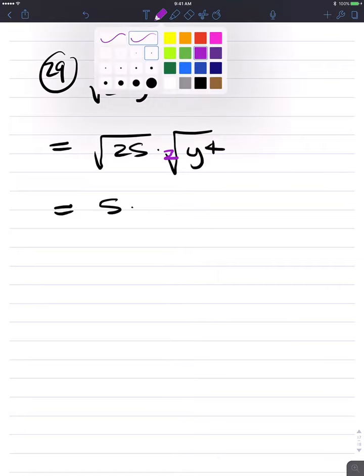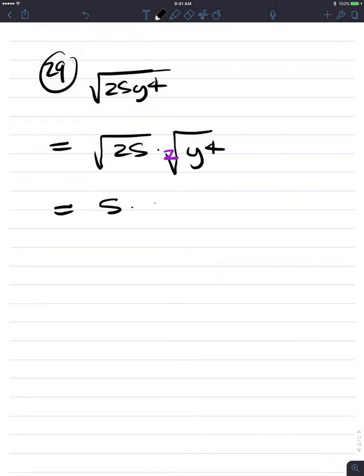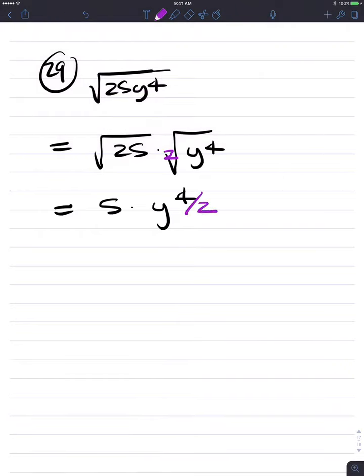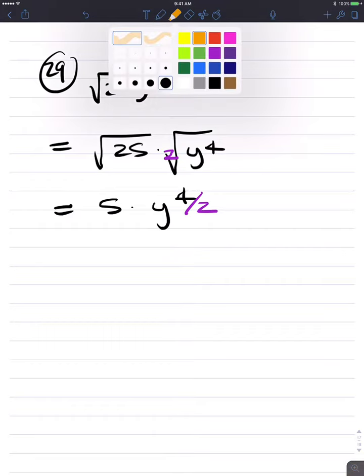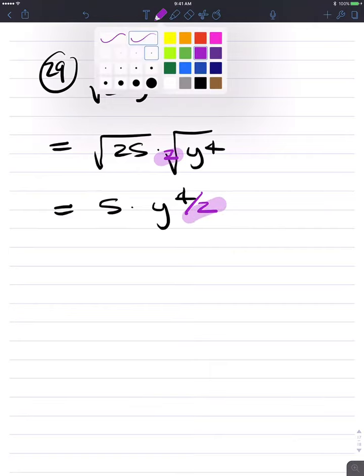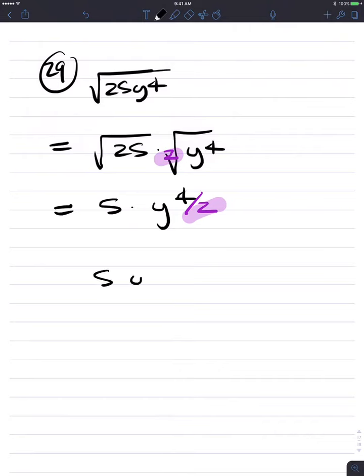So we're going to write this as y to the 4th power, that's my base, divided by the 2, that's the index. An even shorter way: index, index. We get 5y squared. We are done.